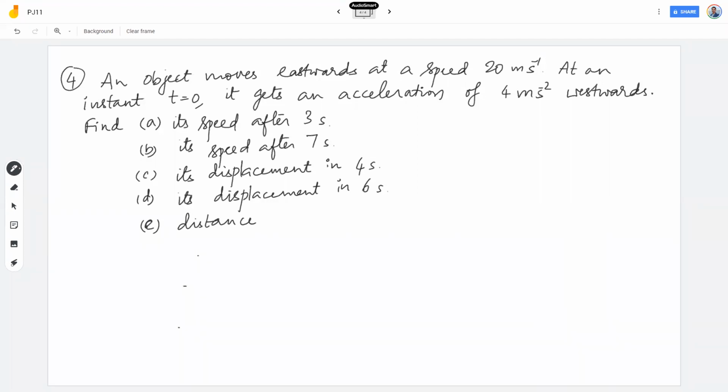Distance it covers in 6 seconds. Its displacement in 10 seconds.